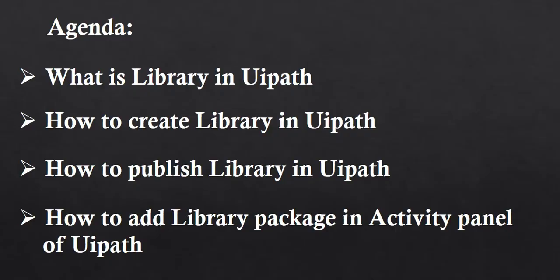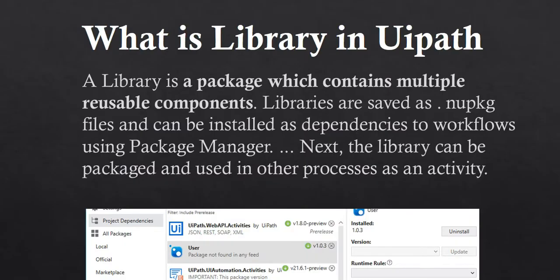Let's start. The first topic is what is a library in UiPath. A library is a package which contains multiple reusable components, small components, and libraries are saved as .nupkg files and can be installed as dependencies to a workflow using the package manager.